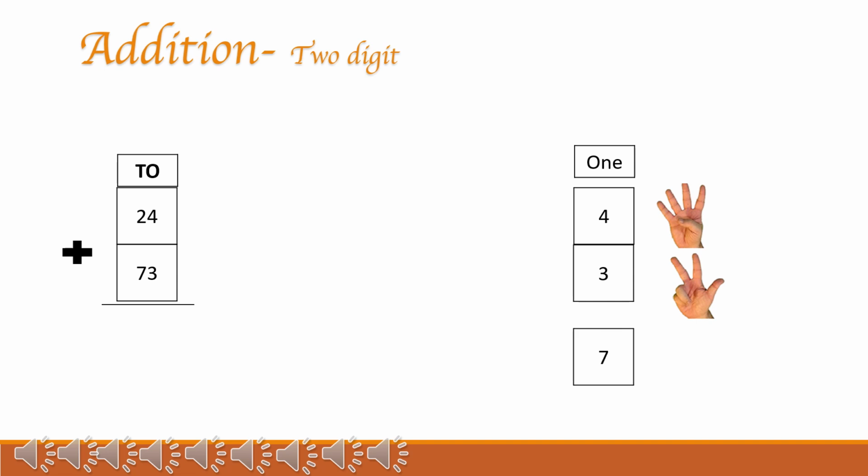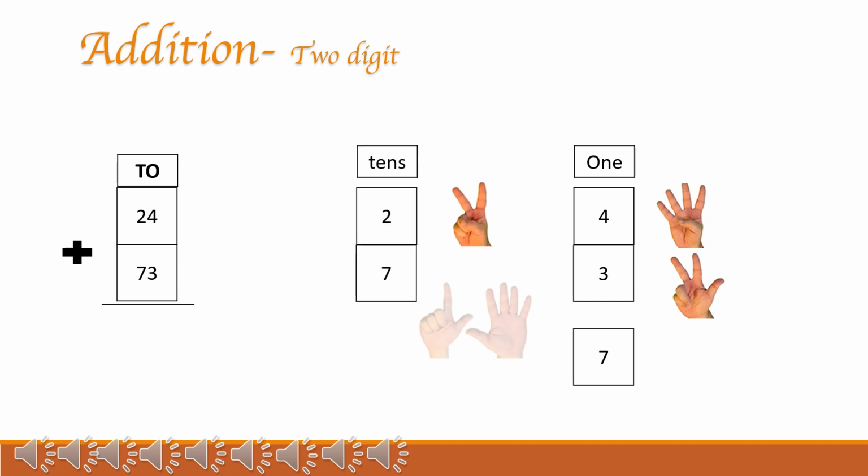Now what numbers are at tens place? So at tens place we have 2 and 7, and we'll do addition of 2 and 7. So here the larger number is 7. So for 2, open up 2 fingers and do the forward counting. So from 7, fold first finger 8 and the second finger 9.